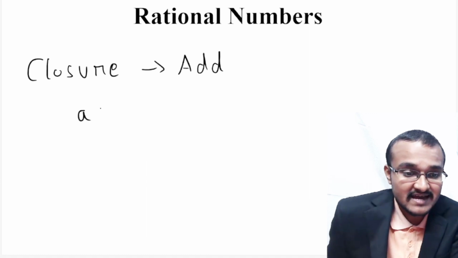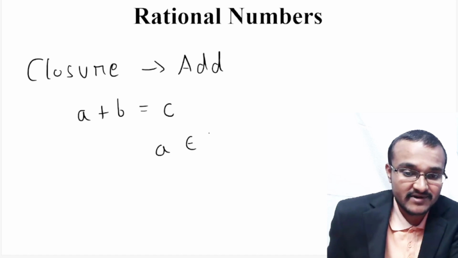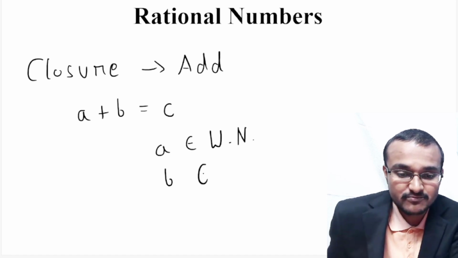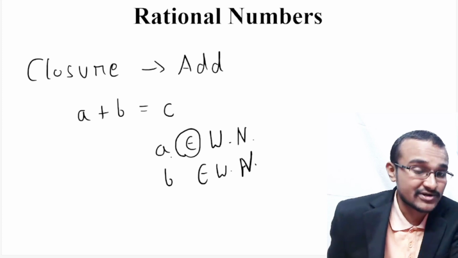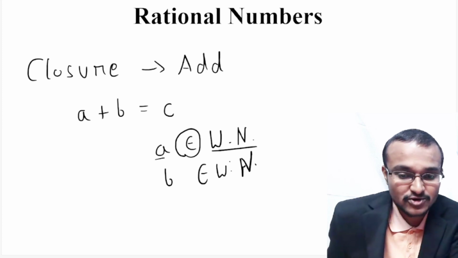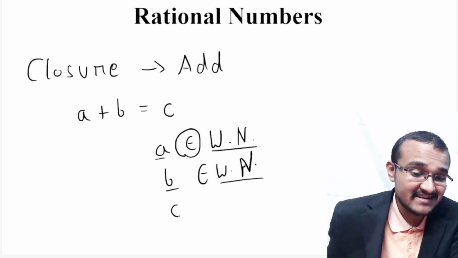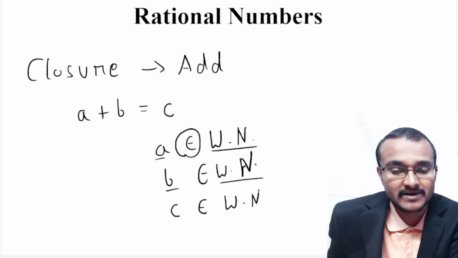The formula is: if a plus b is equal to c, and a belongs to a set of numbers, let's say whole numbers, and b also belongs to whole numbers, where this symbol means belonging to a certain set, then after adding a and b, c should also belong to the whole numbers.